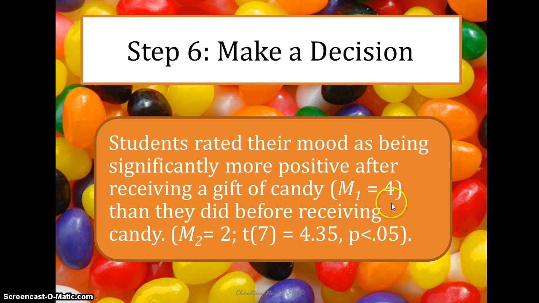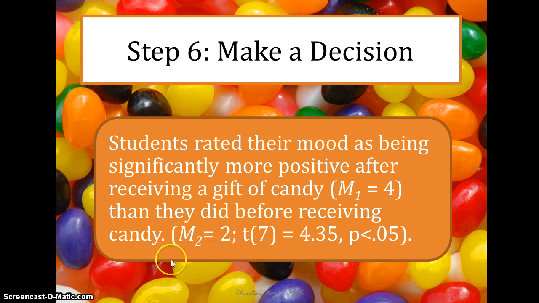So it's not extremely positive, but on that 7-point scale, it's better than just being kind of neutral. It did make them a little bit happier than they were before receiving the candy. So before receiving the candy, they were in a not very positive mood, too.